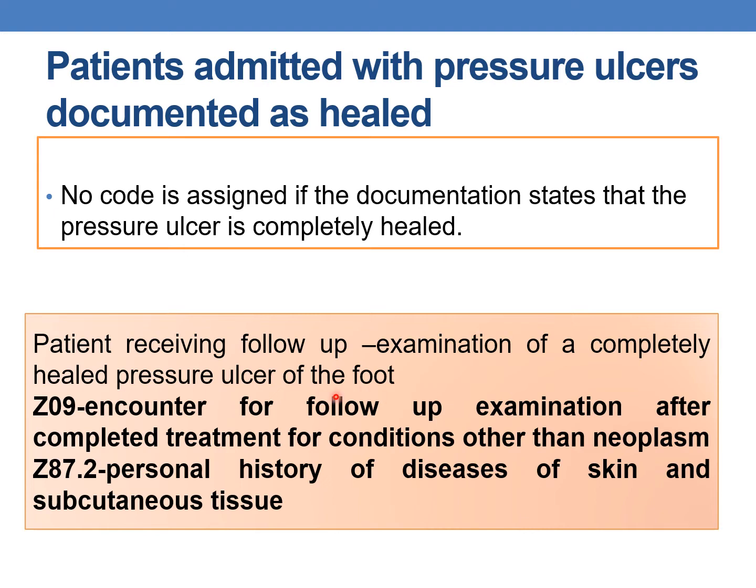So in this case, you should not code the pressure ulcer code. Instead of that, you can code Z09, which indicates encounter for follow-up examination after completed treatment for conditions other than neoplasm, followed by personal history code Z87.2, which indicates personal history of diseases of skin and subcutaneous tissue. So whenever physician documents as healed, you should not code the pressure ulcer.